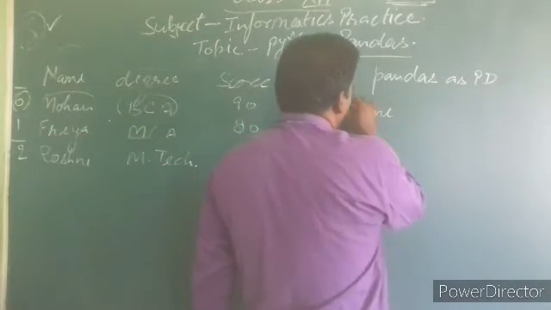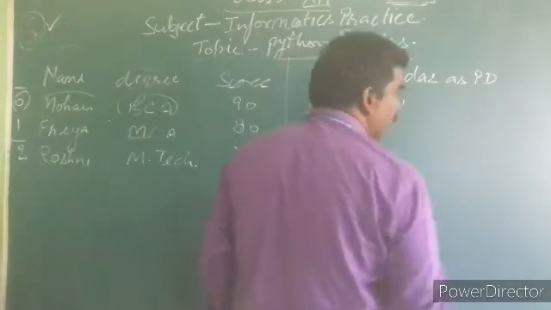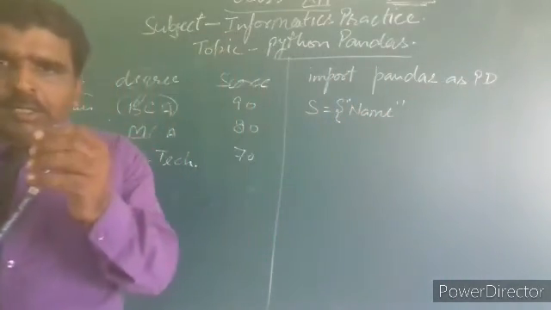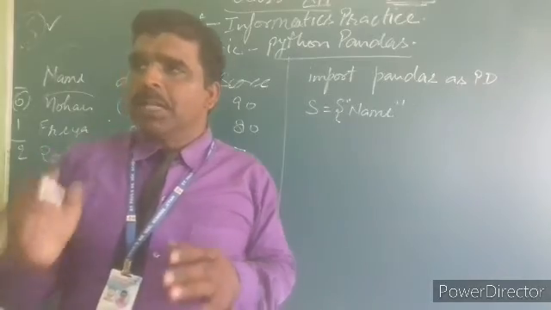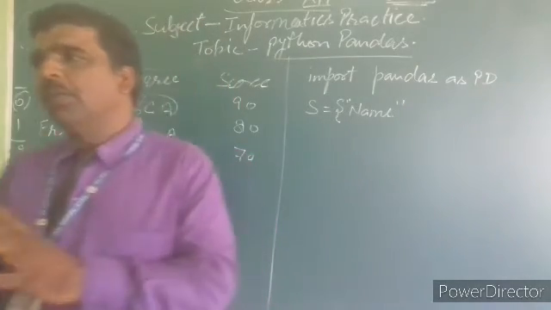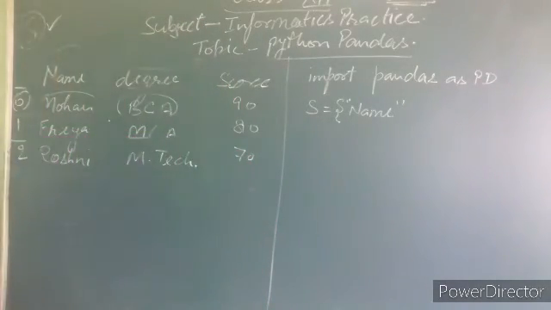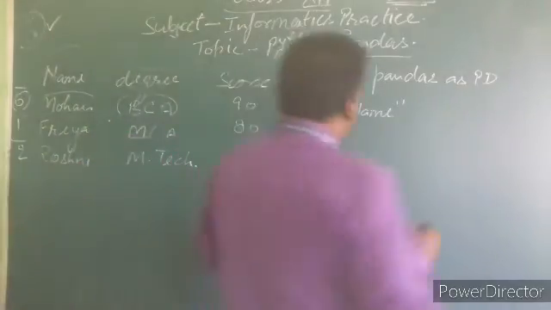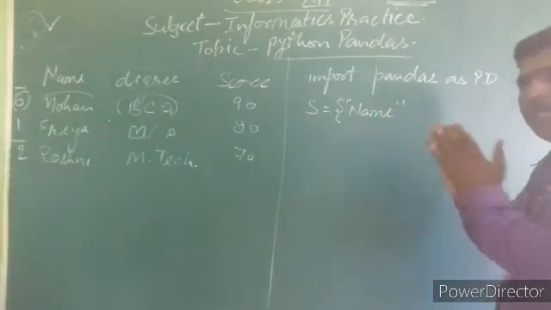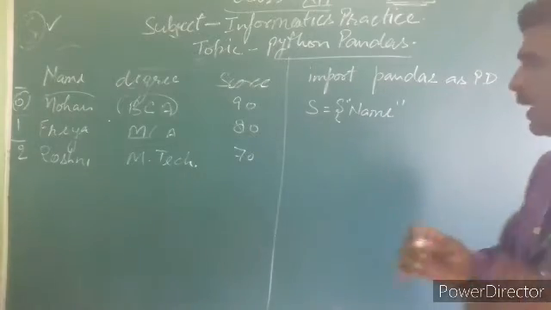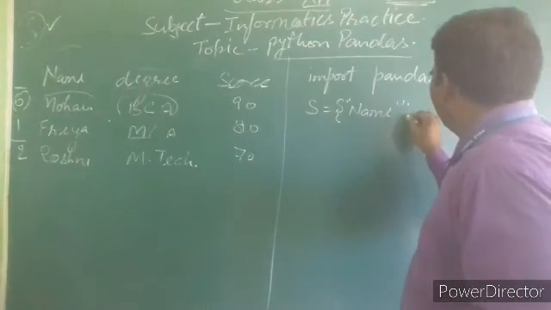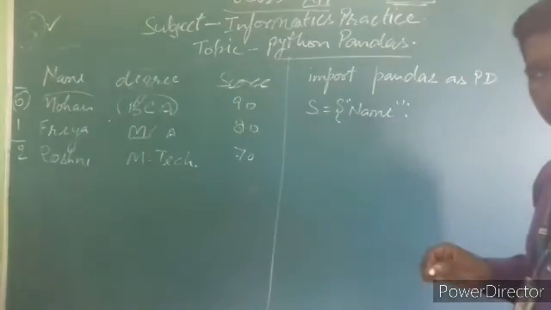So one question is that we are writing name. As you know, in a dictionary there is a key, and after that the value that will be displayed. So keys and values, both things will be displayed. So here, if we want to combine this, for that we have to put the colon symbol.